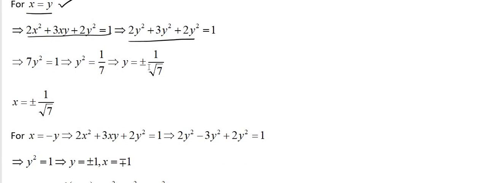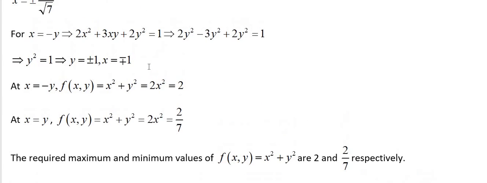Again I am going to consider the next case, x = −y. From this equation I get 2 as it is. x² means (−y)², that is y². Here 3 into −y into y is −3y², plus 2y² = 1. Observe, this is 4y², minus 3y² means y² only.